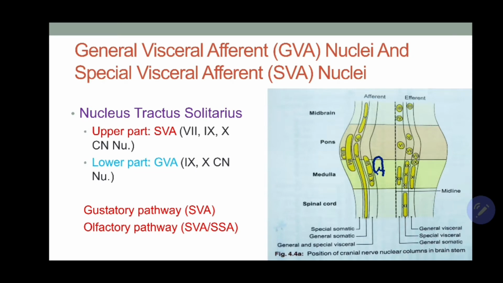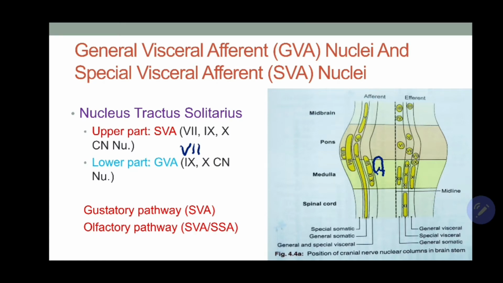Then the lower segment of this nucleus tractus solitarius will receive afferents carrying sensations. What type? General visceral afferent sensations, which are the sensations of stretch, touch, pressure, pain and temperature from the viscera. So here you can add, though it is not mentioned here, that even the facial nerve also has this functional component.